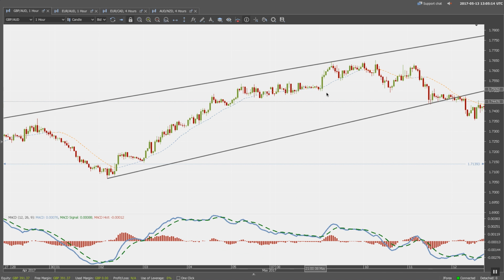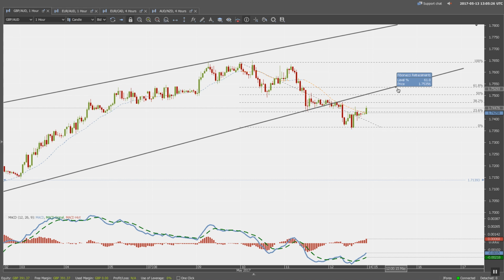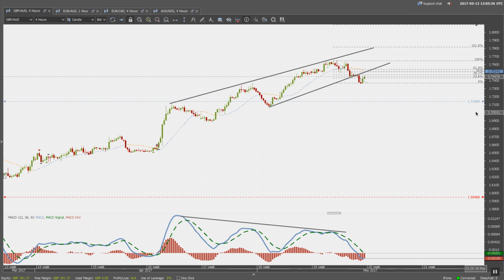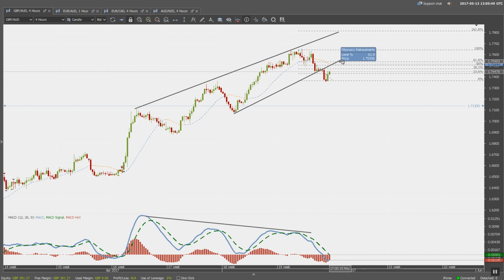I'll trade this off the 1-hour chart. So what I'm looking for is price to, here's the swing high and there's a swing low. There's a 61% retracement level, which is very close here to 61%. The first one is 50%, so anywhere around this level. This looks totally different on a 4-hour chart. Okay, on a 4-hour chart, we see price can go all the way up to 61%, which is the trend line.